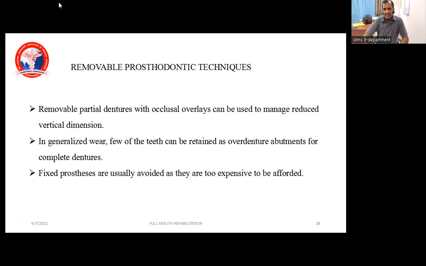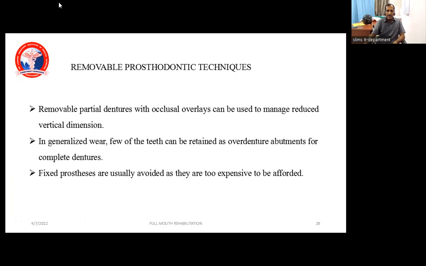Now, as I told you about the replacement, first you can think about the removable prosthetic techniques. Removable partial dentures with occlusal overlays can be used to manage the loss of vertical dimension.